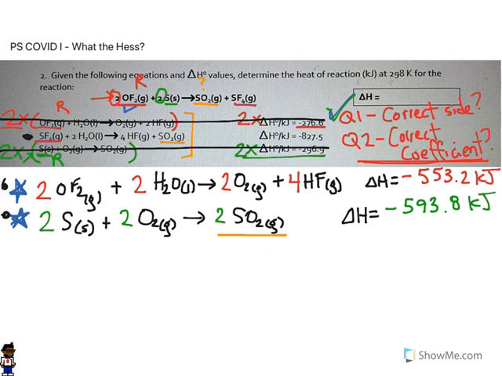So you have to ask yourself the questions. Is it on the side that you want? In your target reaction, it's on the product side. In this equation here that you have to play with, it's not on the correct side. It is on the reactant side. Anytime it's not on the side that you want, you have to reverse the reaction.